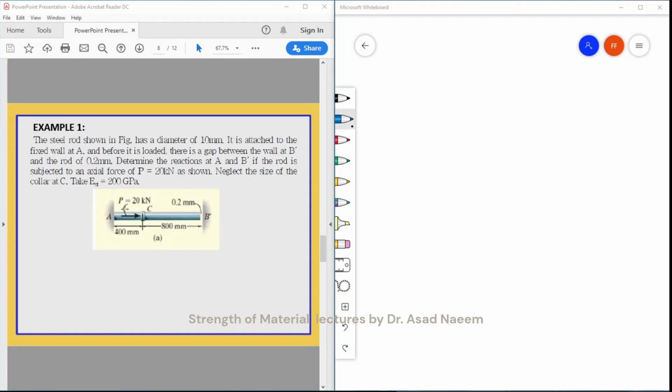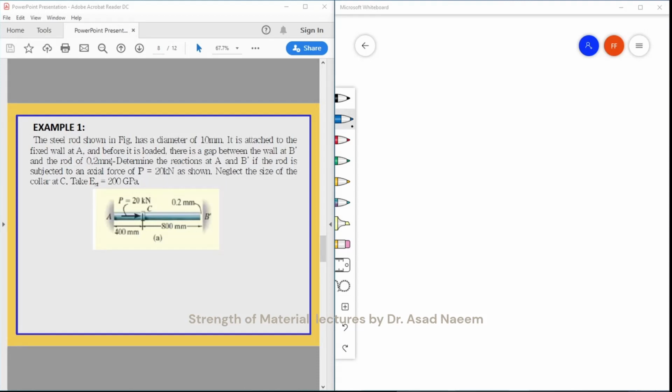Okay, so let me start. The steel rod shown in this figure has a diameter of 10 millimeter. It is attached to the fixed wall at A, and before it is loaded, there is a gap between the wall at B and the rod of 0.2 millimeter.